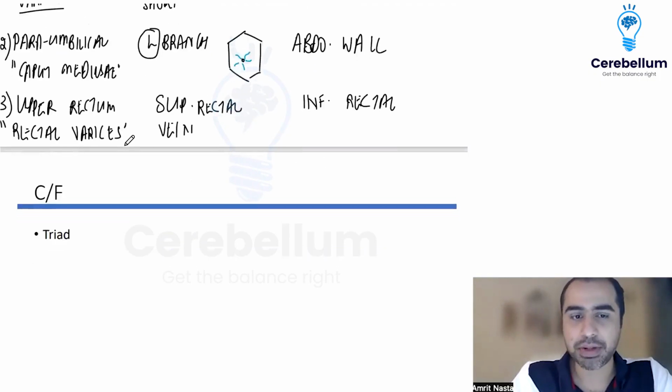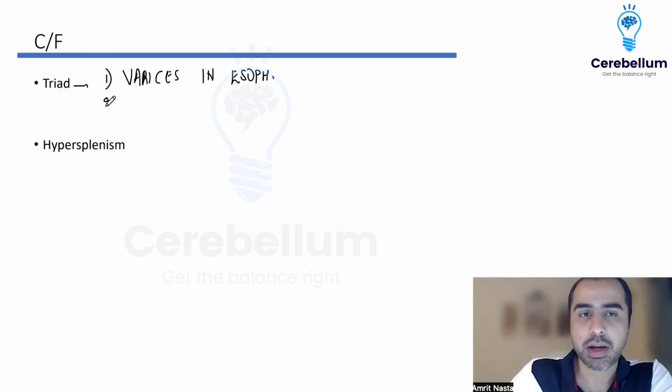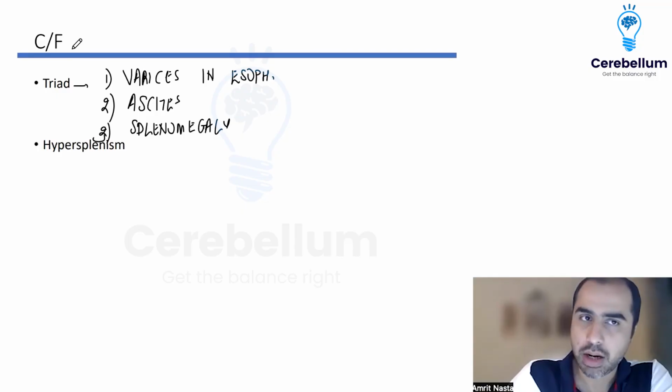So how will the person present? He presents with this triad of varices in the esophagus. He may have ascites and he may have splenomegaly. Okay, are we clear?